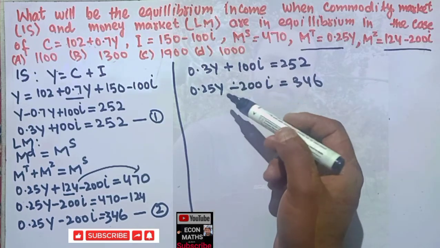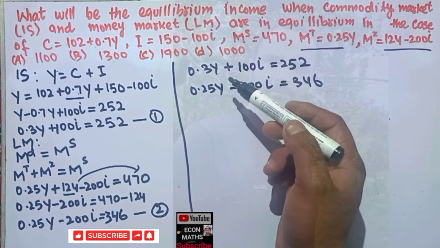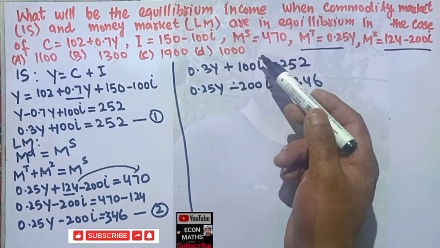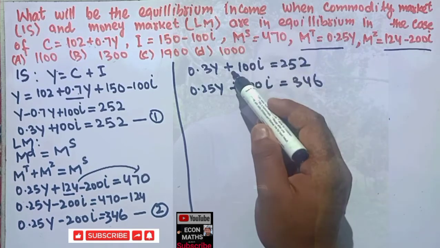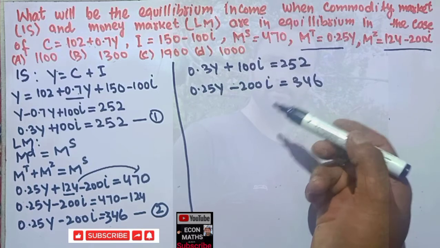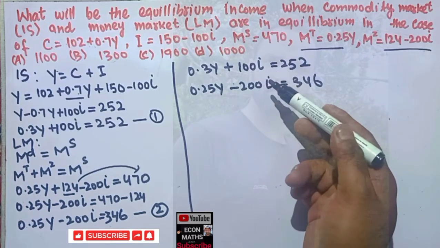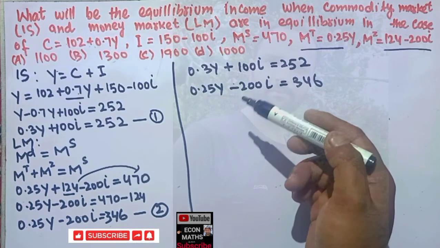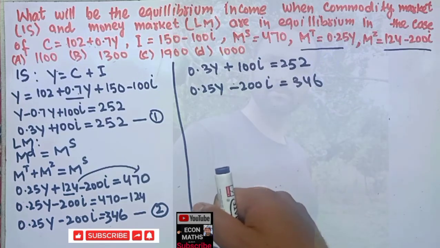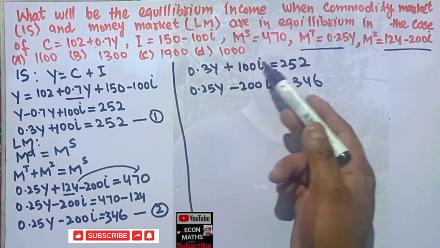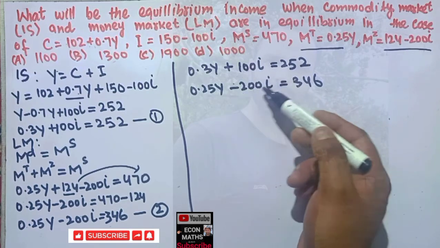First, we will try to make one variable the same in both the equations. That is, we will multiply one of these two equations in such a way that we get one same variable. Here we have 100i, and here we have minus 200i.